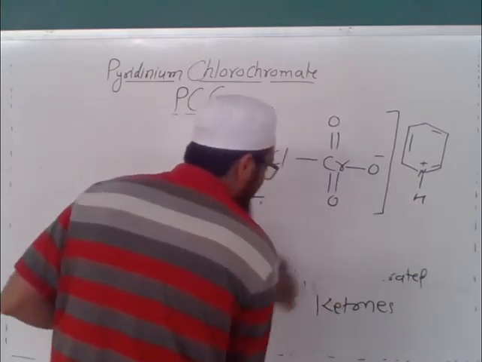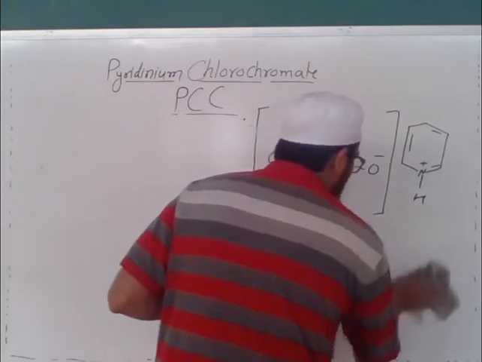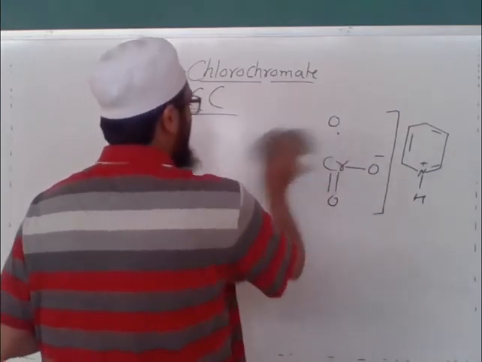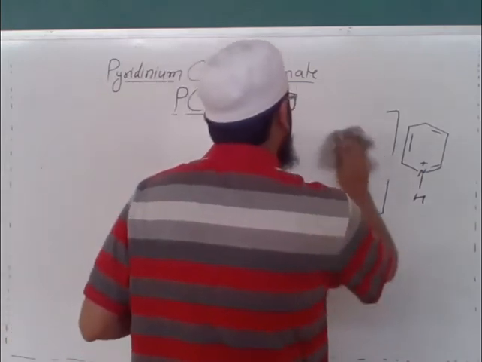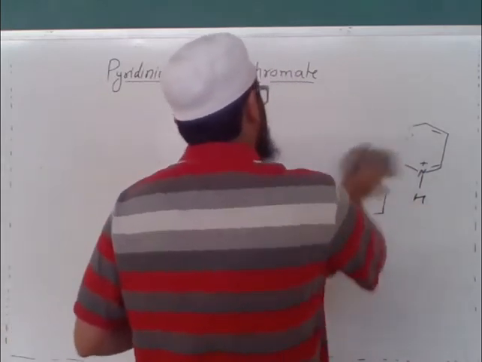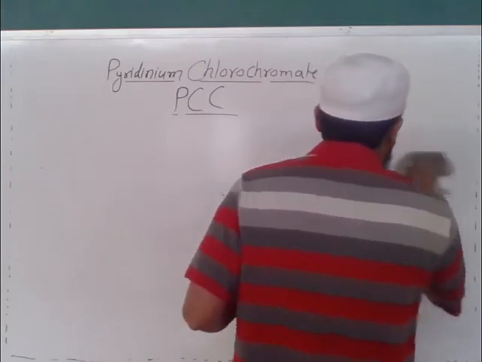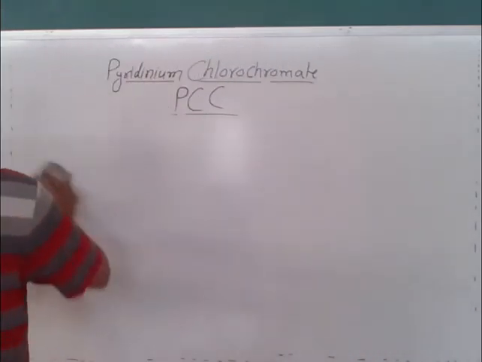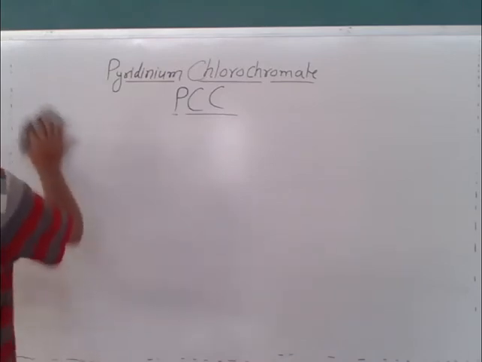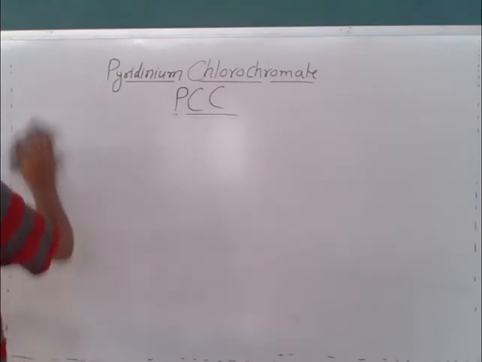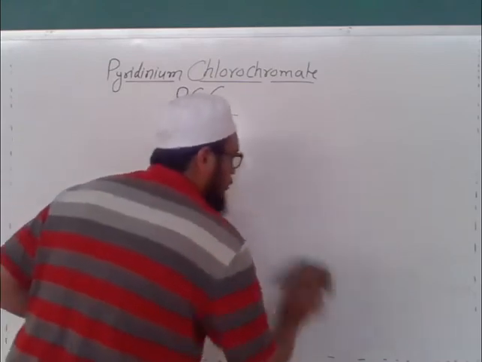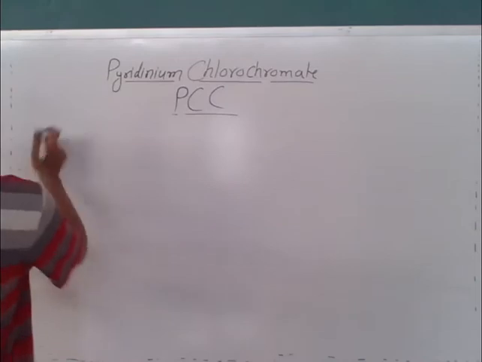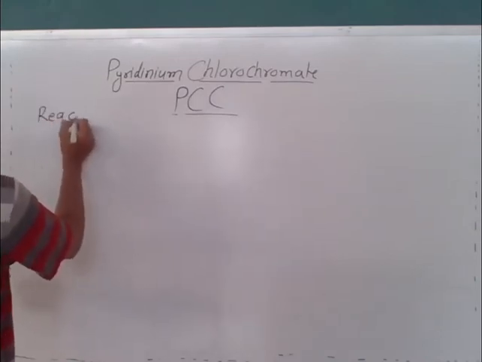How does our Pyridinium Chlorochromate convert primary alcohol to aldehyde? The application is the conversion of primary alcohol to aldehyde using the reagent Pyridinium Chlorochromate. So let's move. General reaction.